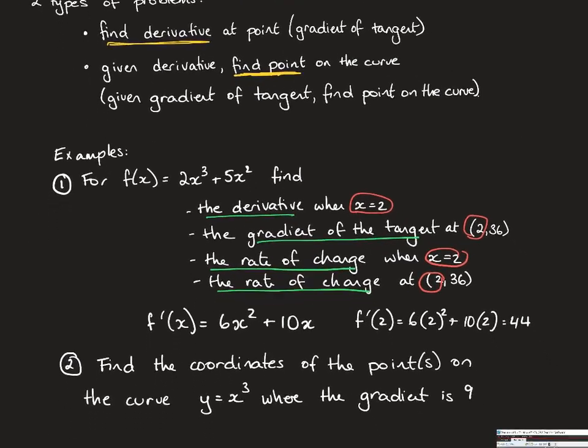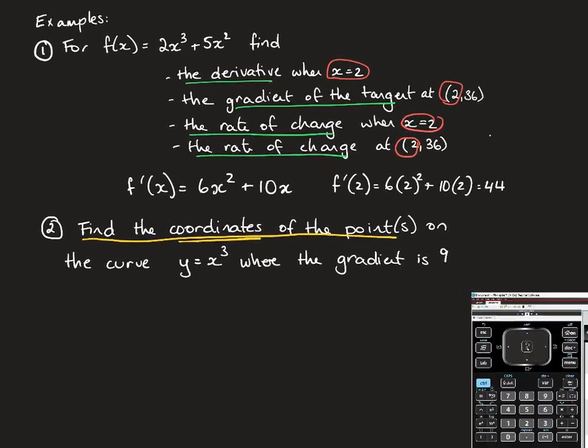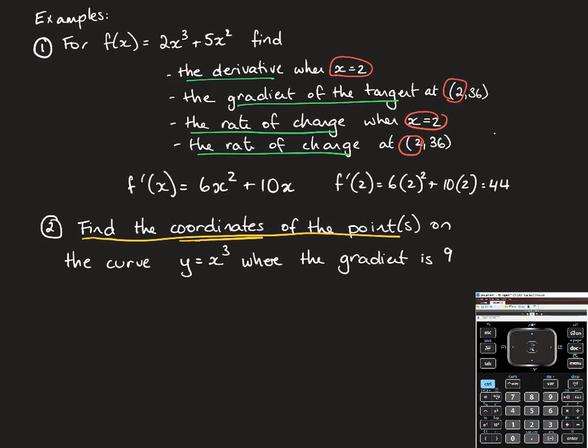So the other sort of question was the one that asks us to find the points, and not just find the points, find the coordinates of the point. The question tells us that the gradient is 9.